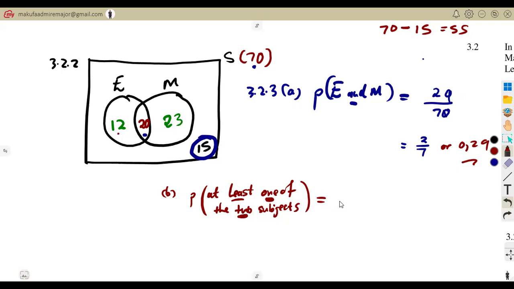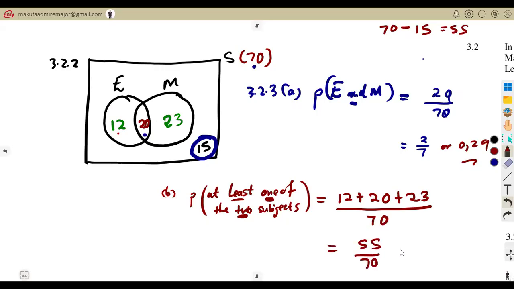So let's add them. 12 plus 20 plus 23. We are going to have the same answer as what we had, the 55. Out of how many learners? Out of 70. So it was going to be 55 out of 70.